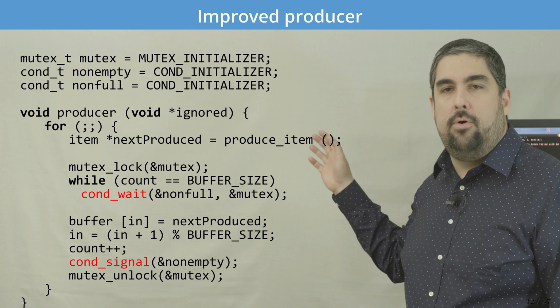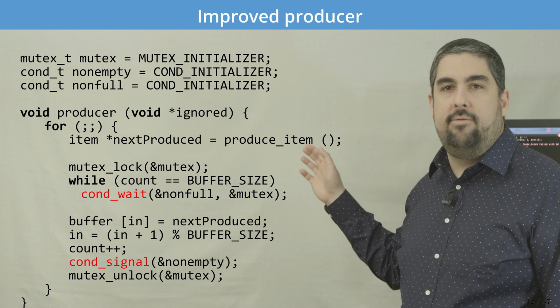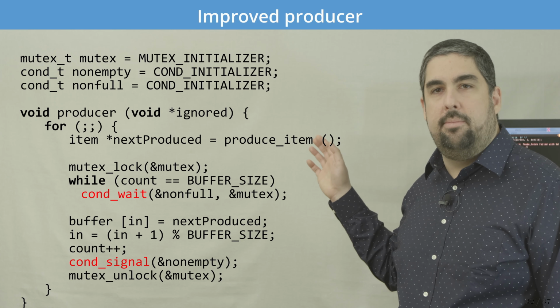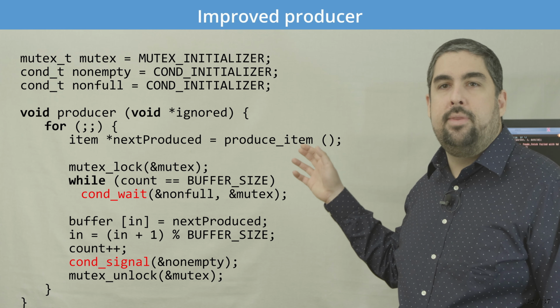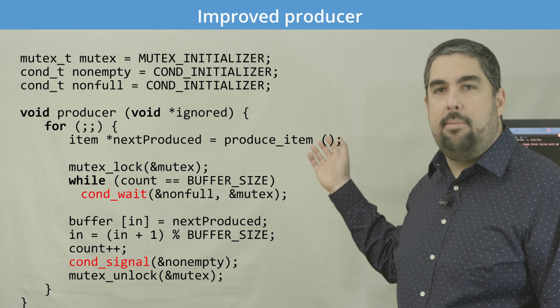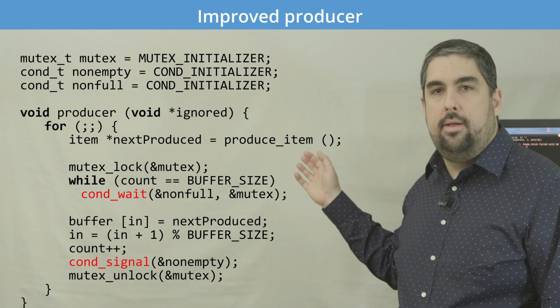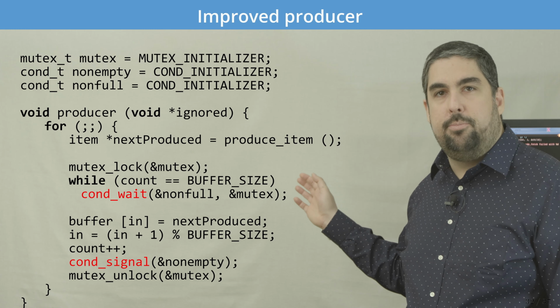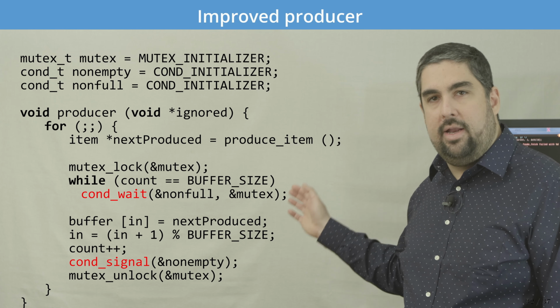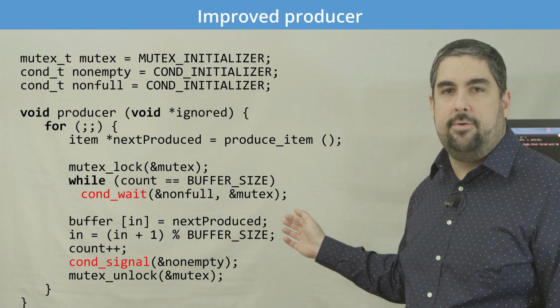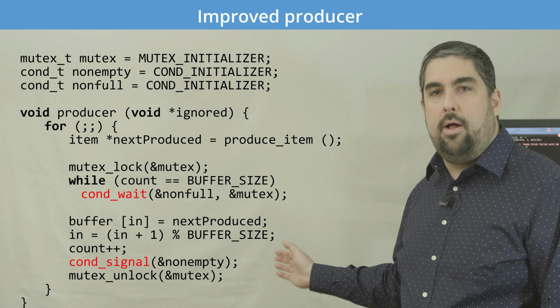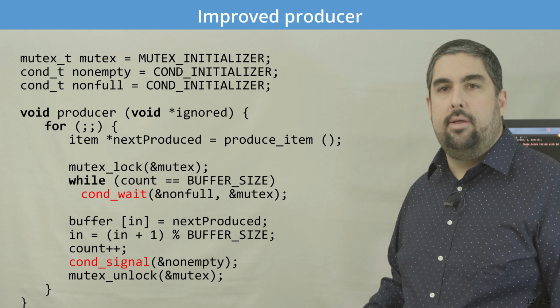When the buffer's full, we wait on the non-full condition to see when the buffer is no longer full, and we atomically release the mutex and reacquire it when we wake up. We then produce a new item, adding it to the buffer, and signal on the non-empty condition.